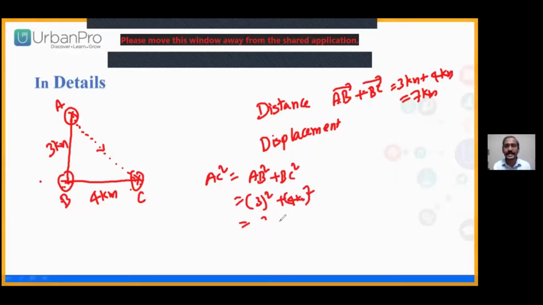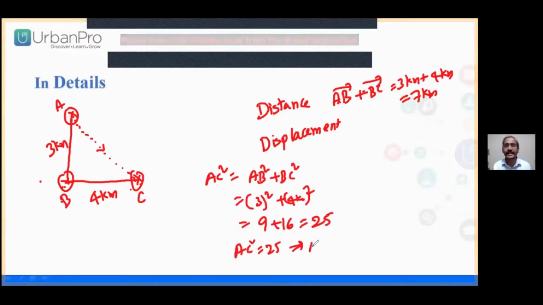Now, 9 plus 16 is equal to 25. AC square is equal to 25. AC is equal to square root of 25, which means 5 kilometers is the minimum distance. So this is one example.